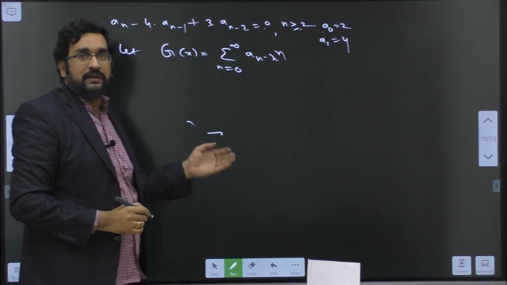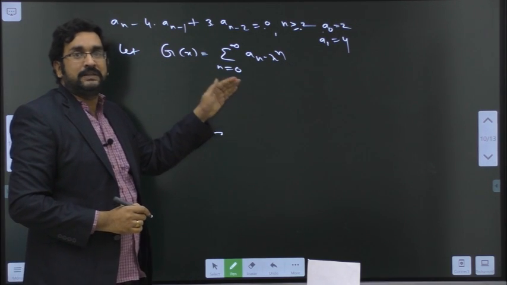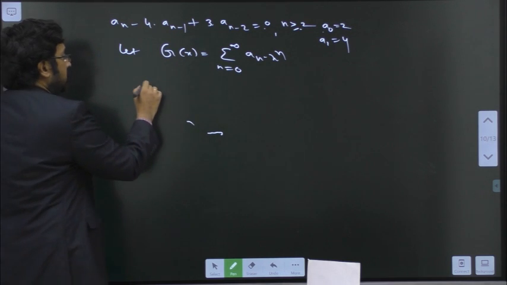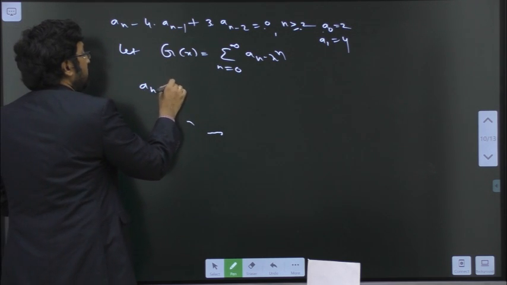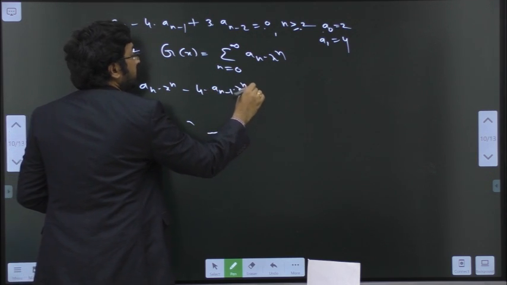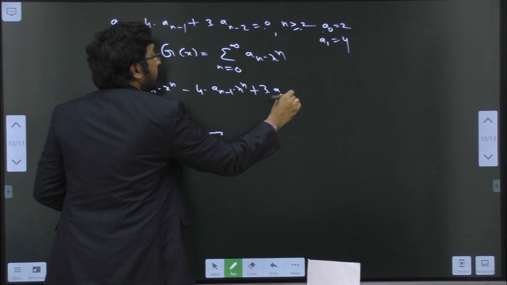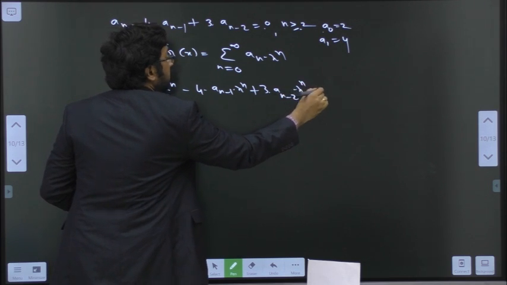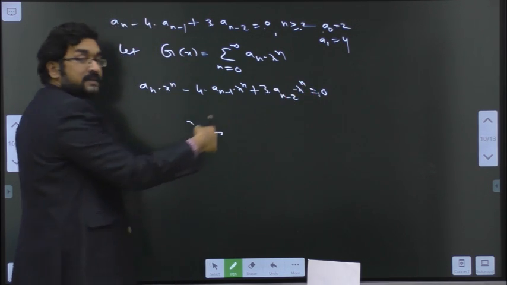First term is common. Multiply every term with x power n. So we will get a n into x power n minus 4 into a n minus 1 into x power n plus 3 into a n minus 2 into x power n equal 0 into anything is 0.